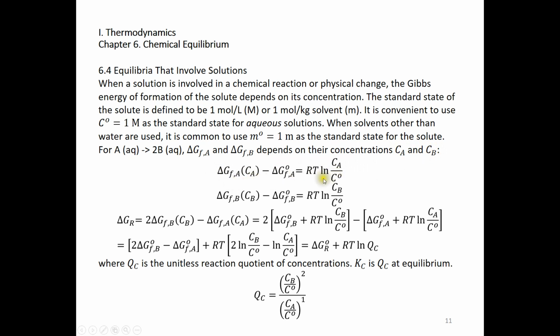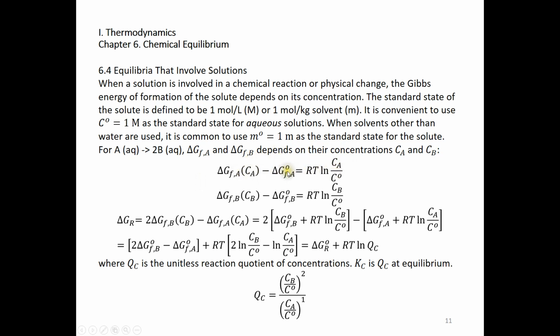So we have this equation to use when we need to know the Gibbs energy of formation for a certain concentration. The value of the standard Gibbs energy of formation of A in an aqueous solution is usually provided to you. And then what if I ask you, what if the concentration of A is not 1 molar, it's 2 molar?